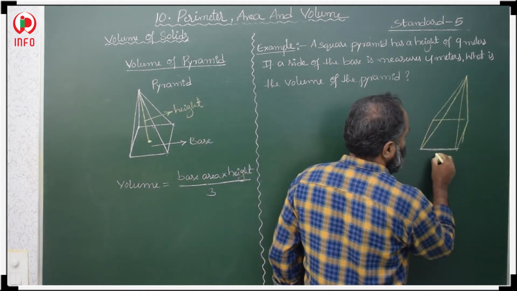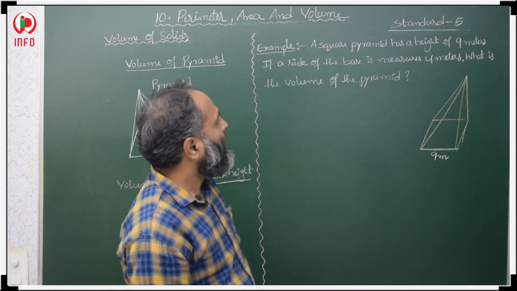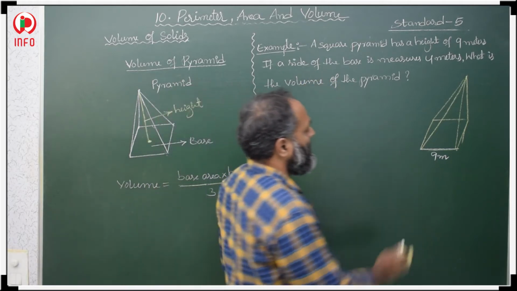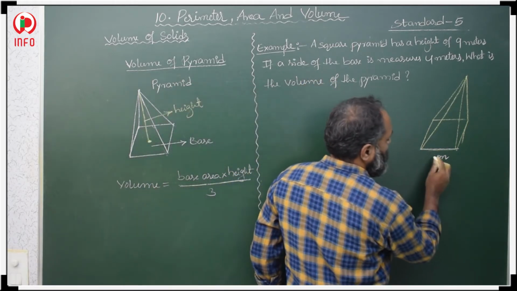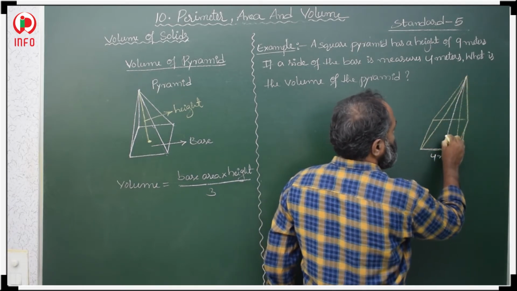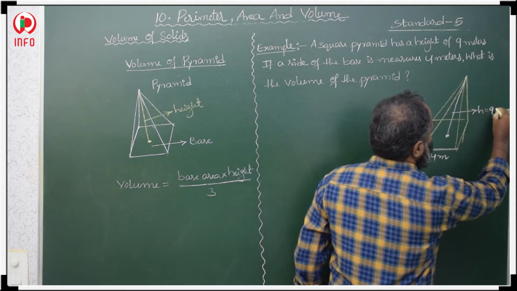This side is 9 meters, and height is 9 meters and side is 4 meters. Side is 4 meters and the height from here to here, this height h is 9 meters.